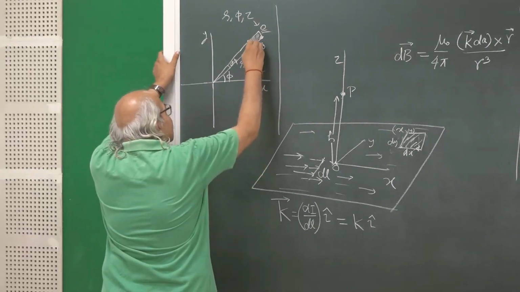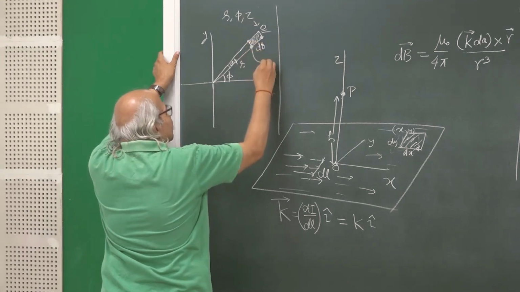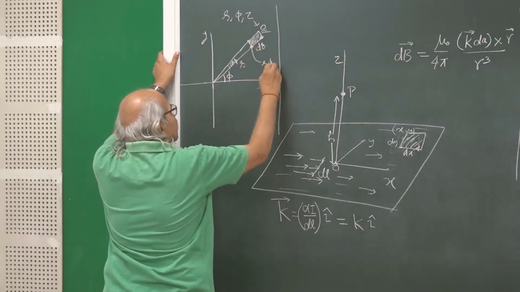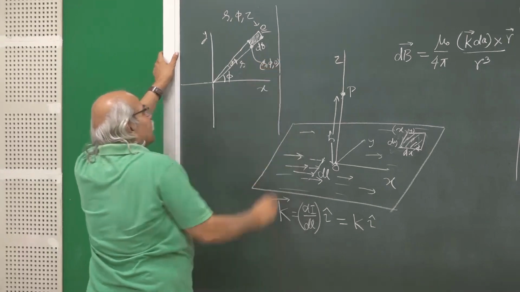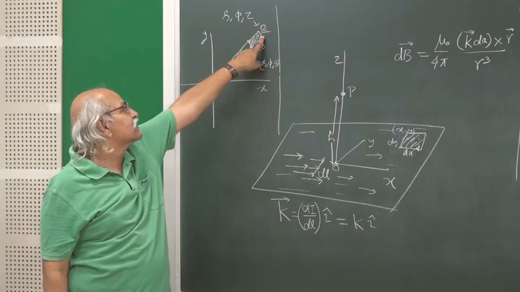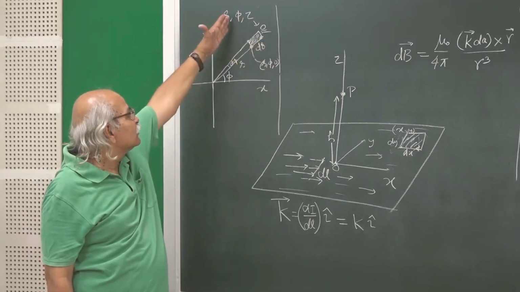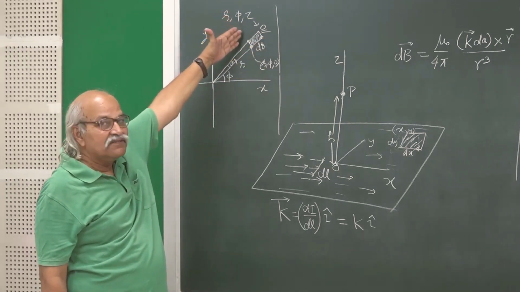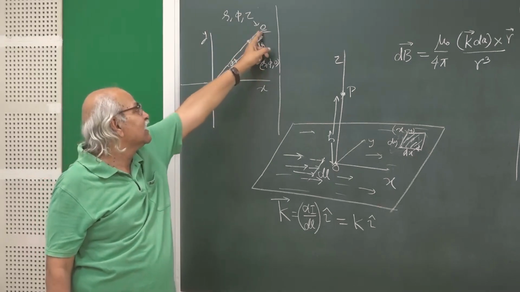We make this area element at this point, where my coordinates are s, phi, 0, and from here s is changed to s plus ds and phi is changed to phi plus d phi, and you construct this area.